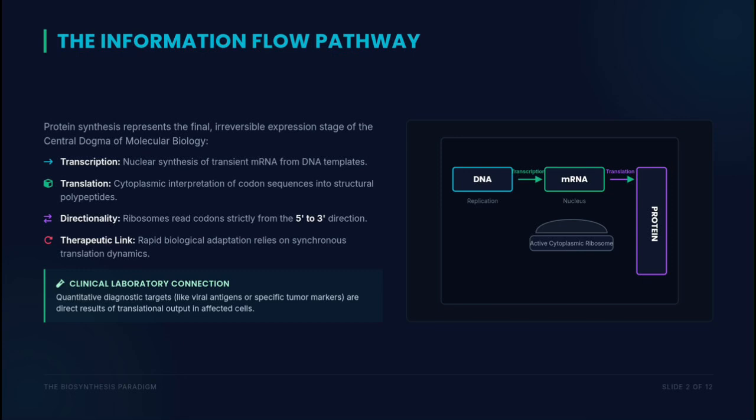Then finally, the information encoded in the mRNA is converted into a sequence of amino acids. So now it forms a protein. A simple way to remember this process is DNA proceeds to RNA, which proceeds to protein.